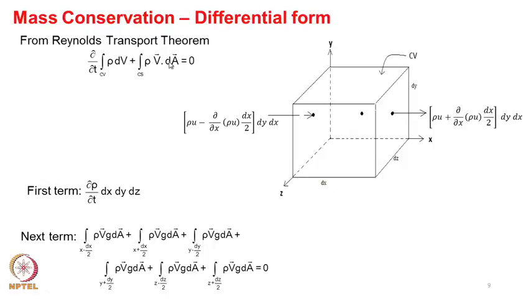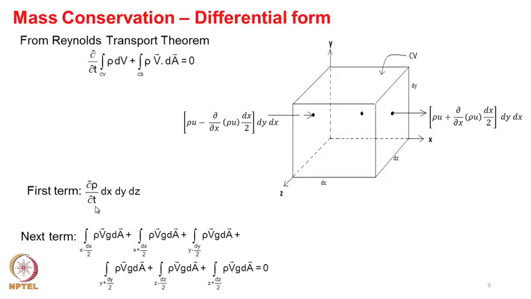You find out the flux crossing at each control surface and sum them up. In this case, consider a rectangular volume element; this is one face and this is another face, front face, back face and so on. There are 6 faces here, including top and bottom. So, one has to get the explanation of this term on all the control surfaces.